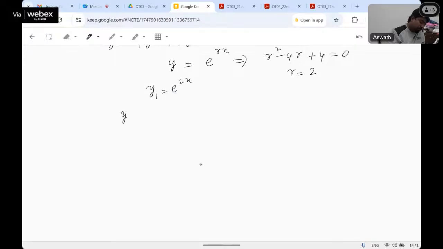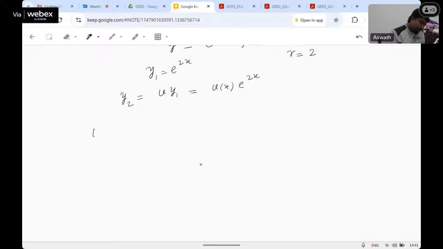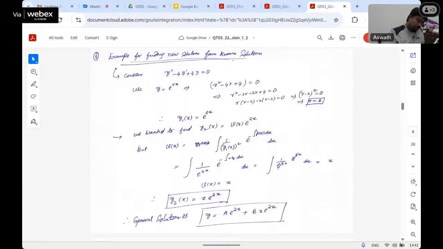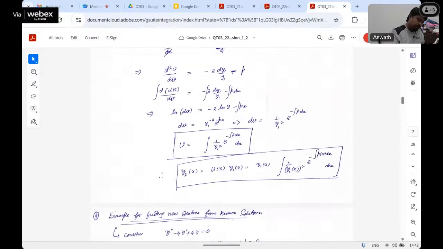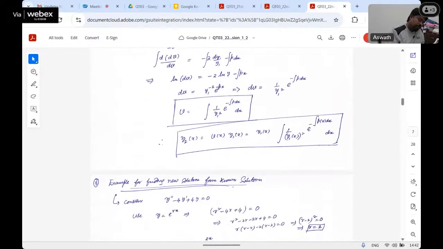So what is one more solution? Let me call that some v into y1, some v of x times exponential 2x, right? So what about v? As per our earlier derivation, v is integration of 1 over y1 square times exponential of integration of p dx with a minus sign.